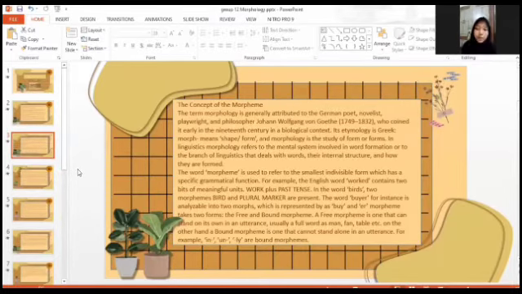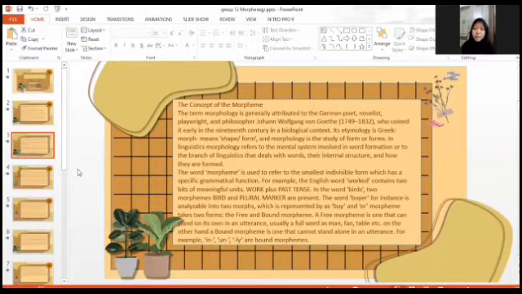The concept of the morpheme. The term morphology is generally attributed to the German poet, novelist, playwright, and philosopher Johann Wolfgang von Goethe, who coined it early in the 19th century in a biological context. Its etymology is clear.